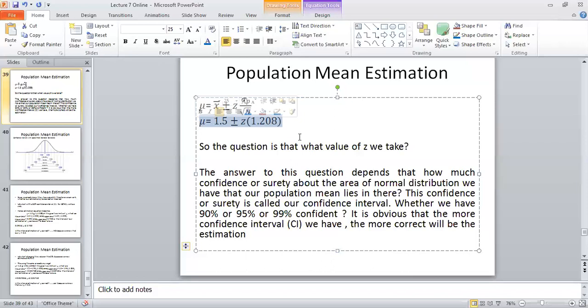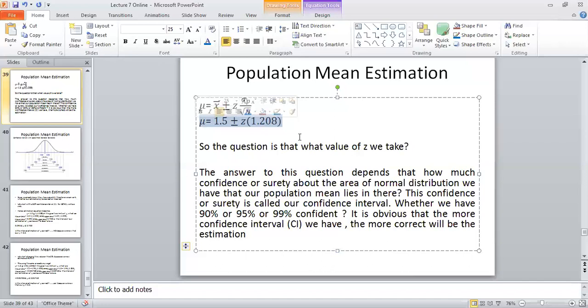If I say that the population mean is within 99.7% area around the x bar taken as the central value, then this would give me the population mean value. So the more confident we are, the more area would be surrounded around the sample mean. The less confident we are, the lesser the area surrounded around the sample mean value.